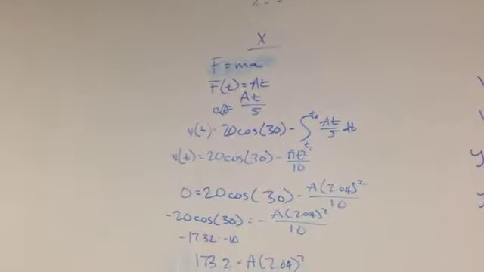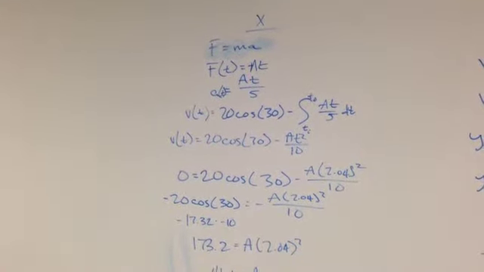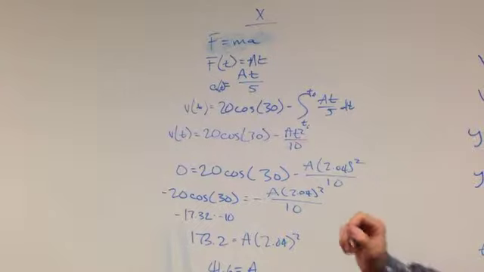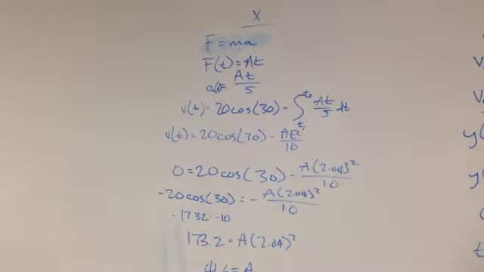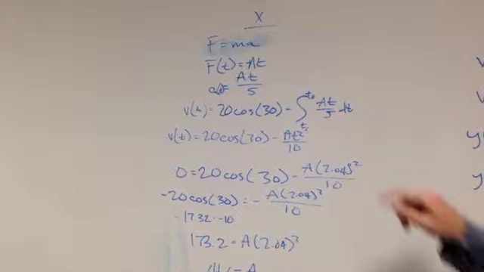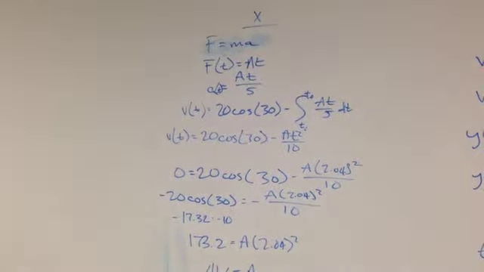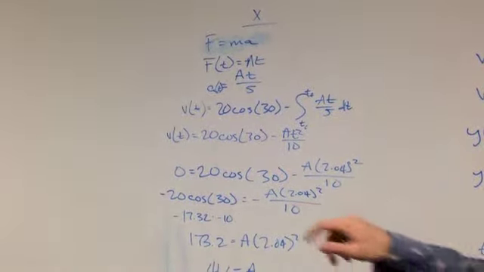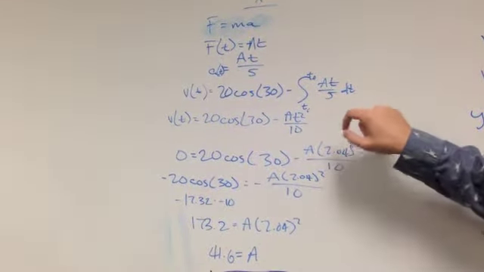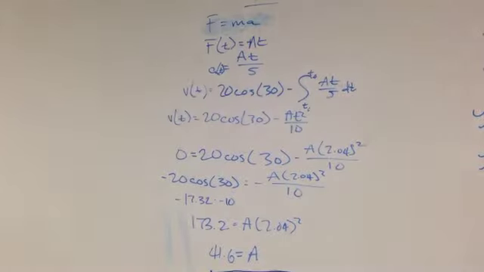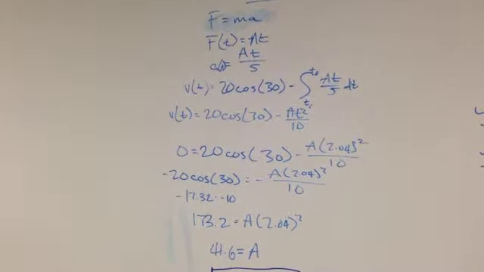Then we need to solve for the x component's velocity as a function of time, which is equal to 20 cosine of 30 degrees minus the integral of the acceleration function, and that is equal to 20 cosine 30 degrees minus large A times t squared divided by 10.